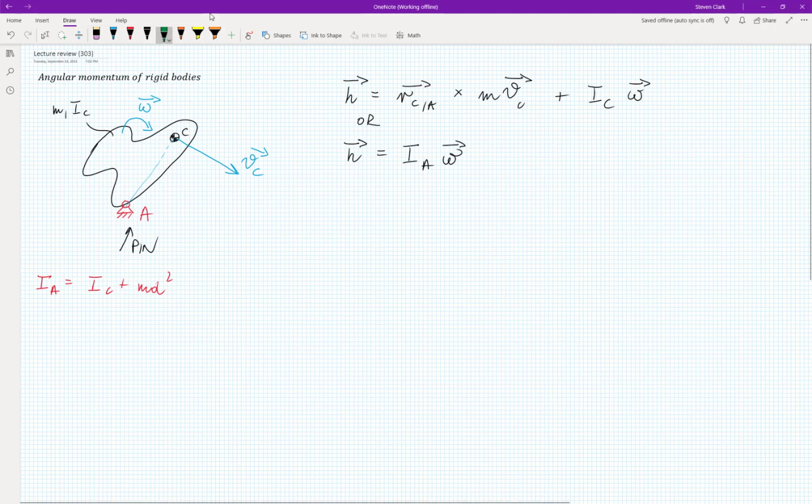And I think I forgot to put this vector on the board, but I think you all know that this vector is here, r_CA, and our d is basically the distance, the length of that vector. So our d will be probably here.